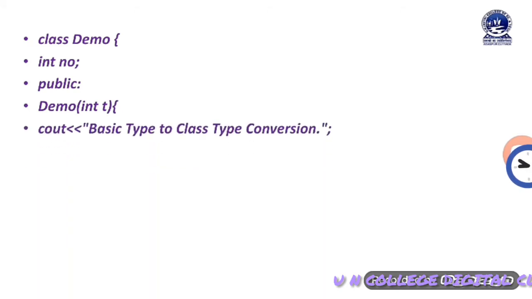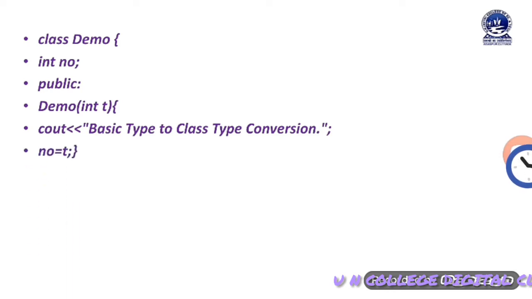Now I am going to give one example so that you will be clear on this concept, and for that I have used class demo. Inside class demo I have used int no, and in the public part I have used the constructor, that is demo(int t). Inside the constructor I have just used the comment basic type to class type conversion. This is optional.